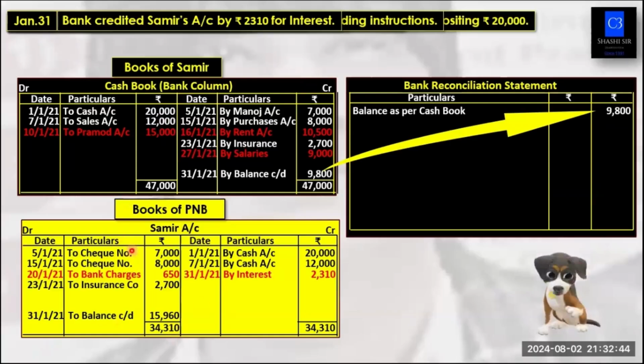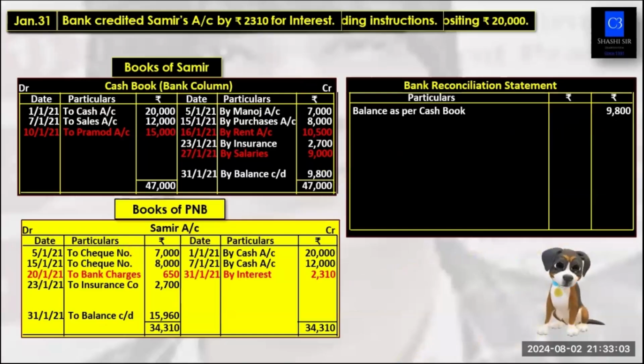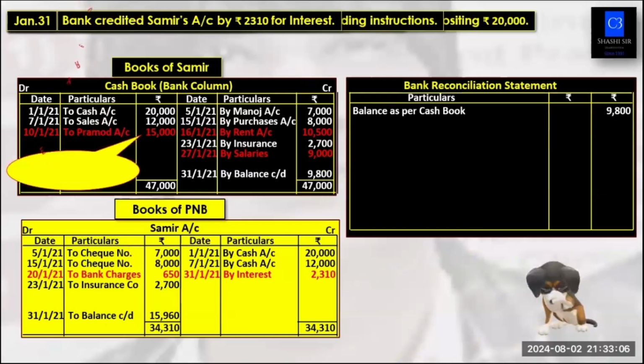So we will look at each red color transaction and try to analyze it and ascertain whether we should add this transaction or deduct these transactions. So here we go. Look at this transaction. This entry, 15,000.